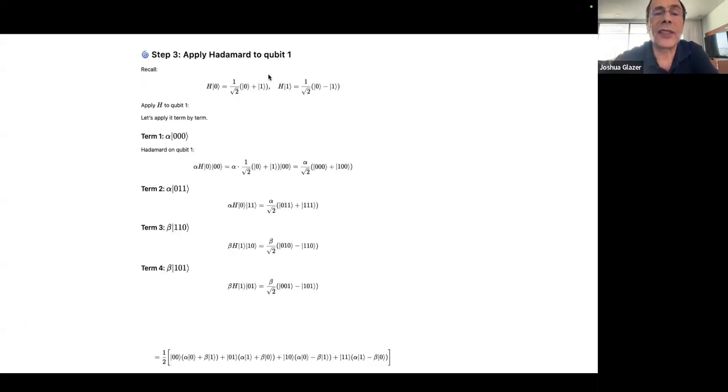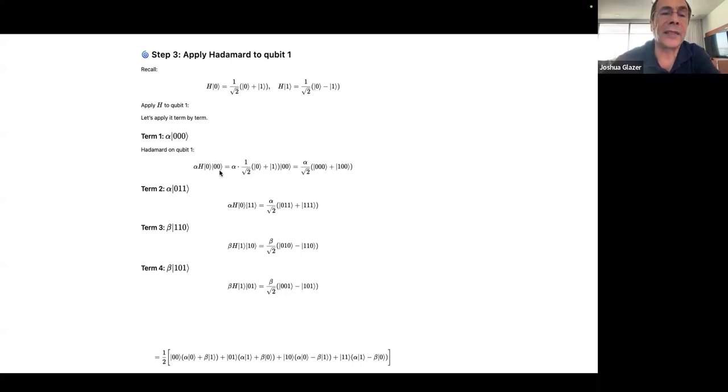Let's see now what happens with these Hadamards. Okay, so the first Hadamard, you see, I can put the alpha on the left because the alpha is just a number, right? I can put it on the left. We're talking about linear stuff. So I'm doing the Hadamard on the 0, and Hadamard on the 0 is simply 0 and 1. I open the parentheses, and this is the result.